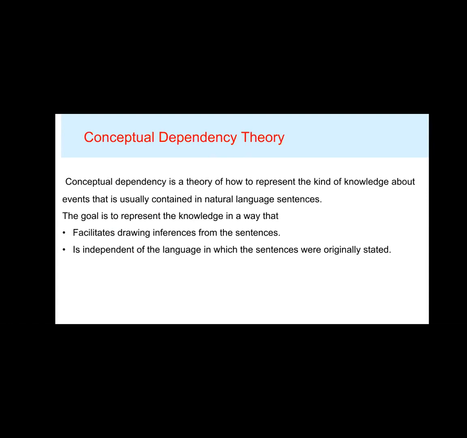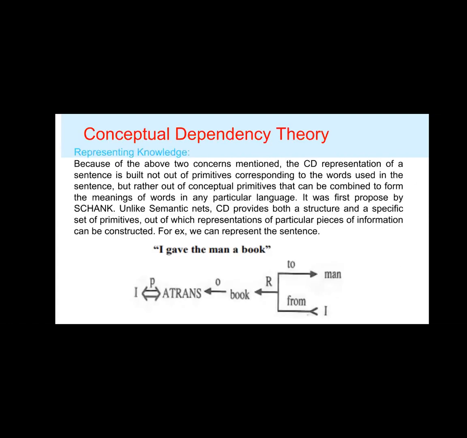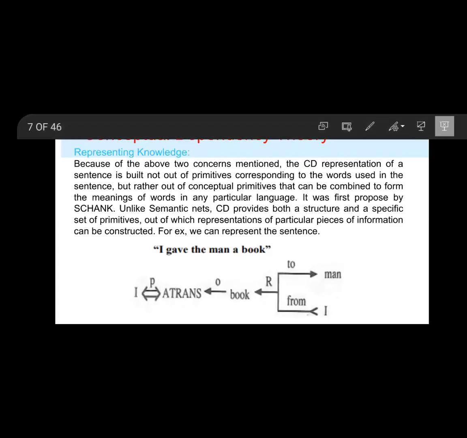Here the goal is to represent the knowledge in a way that facilitates drawing inferences from the sentences and is independent of the language in which the sentences were originally stated.